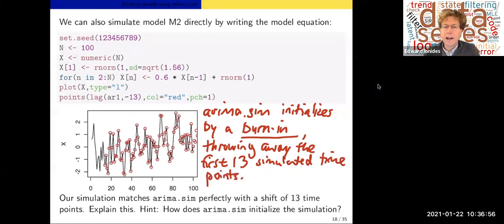And what's going on here, this idea of burn-in, is an idea that's used in simulation studies. The idea is you don't know how to start in the stationary distribution. We're going to find out that starting with variance 1.56 gets you straight to the stationary distribution, but R doesn't know how to work that out in general. And so it just starts somewhere else, probably 0, and runs the process for a little while, assuming that if you just run it for a while, it'll converge to its stationary state.